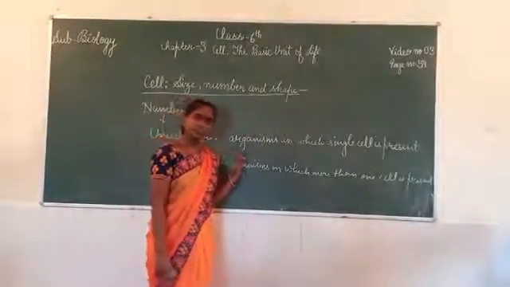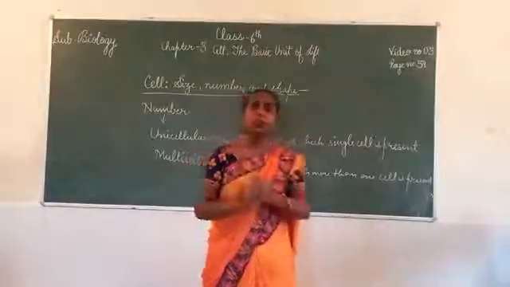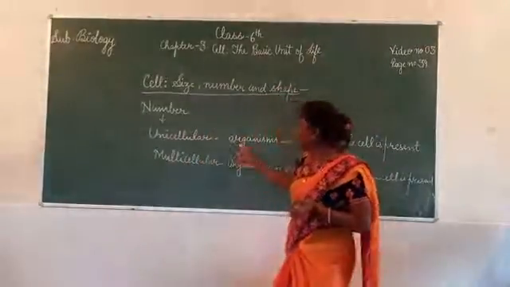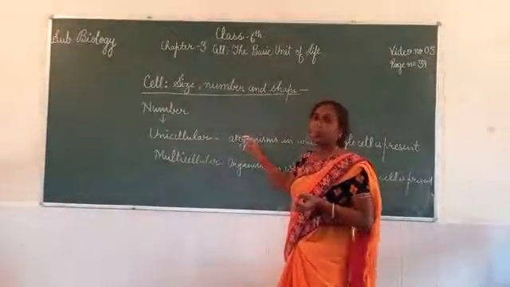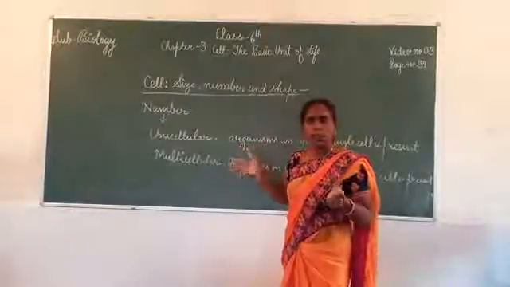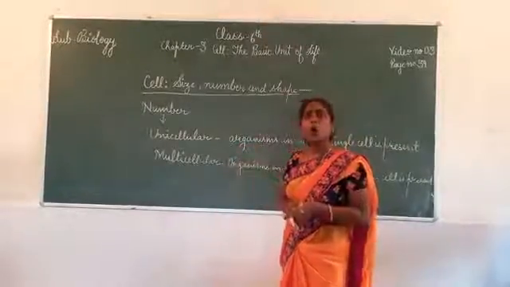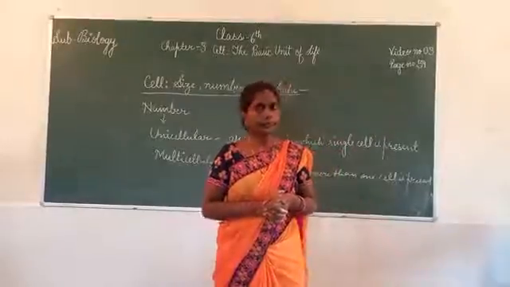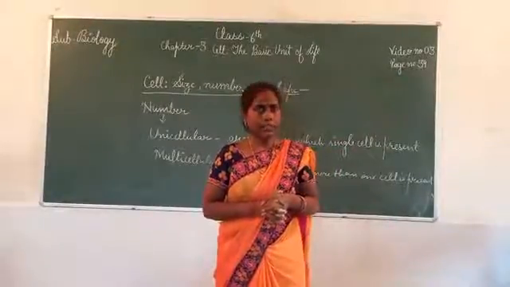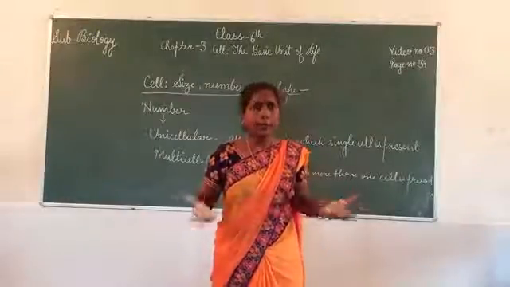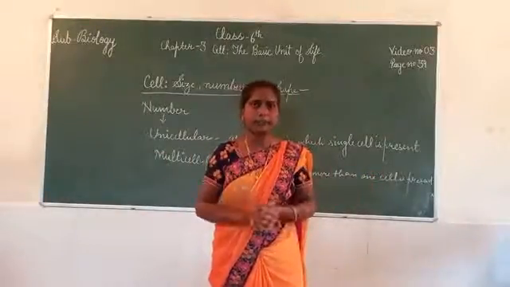Children, you know that in the unicellular organisms only a single cell is present. So how could the different activities or the different life processes occur? Have you ever wondered how that single cell is capable of performing all the activities?